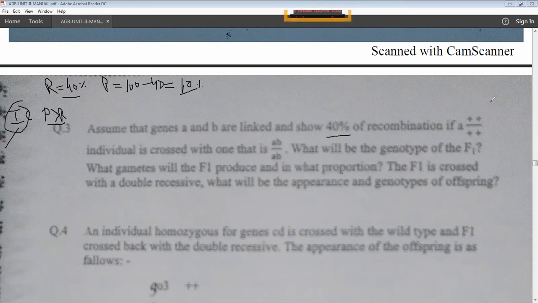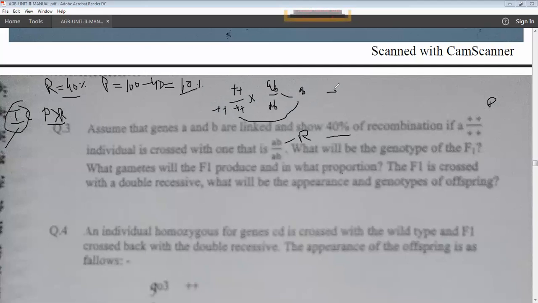This plus plus shows the dominant form, and this ab shows the recessive form of the particular gene. So if plus plus is crossed with ab ab, this will form ab kind of gametes and this will form plus plus kind of gametes.